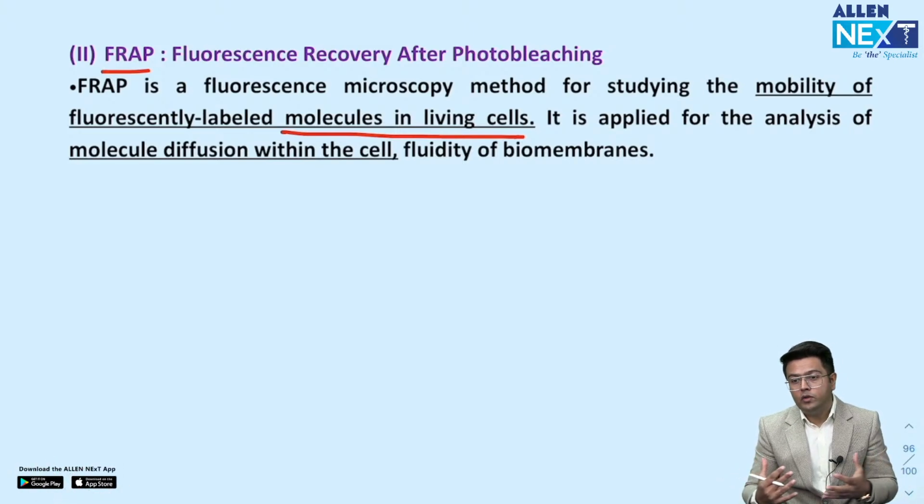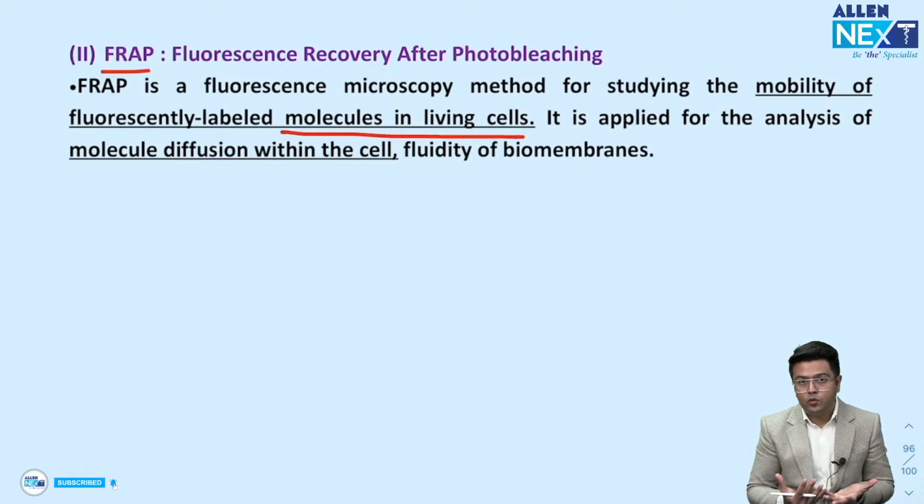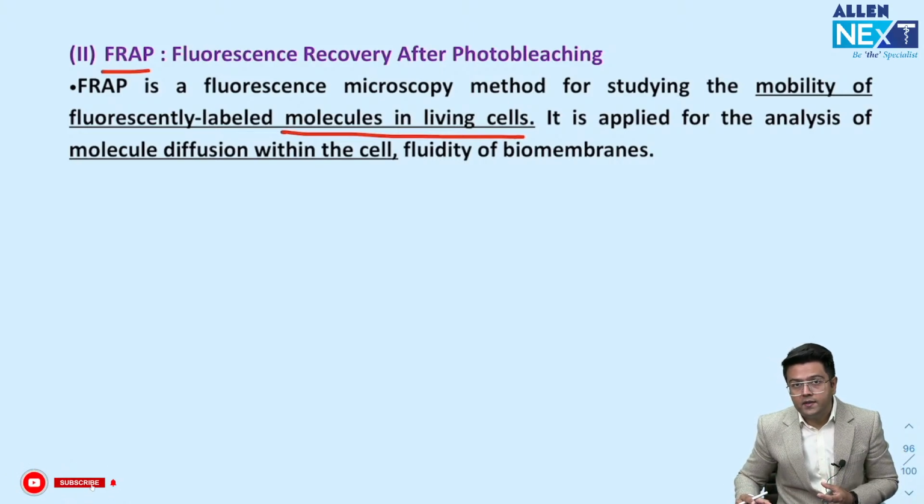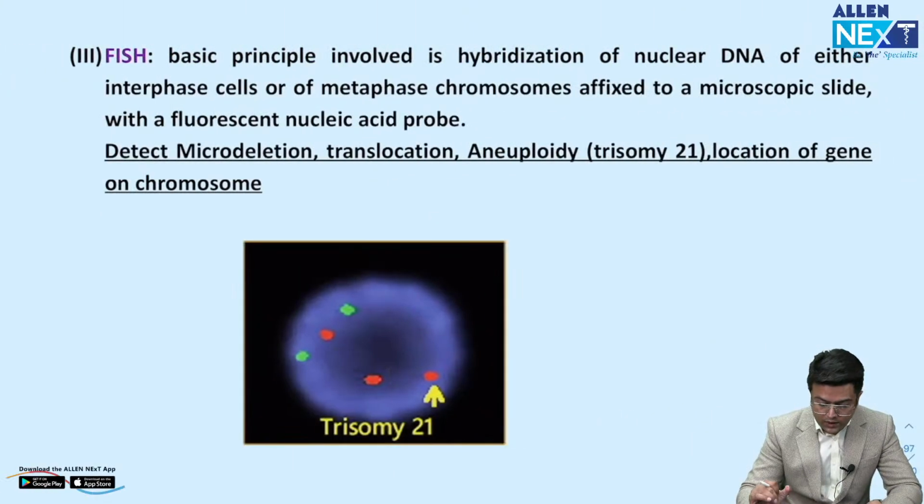That's how we came to know how a particular molecule like pyruvate, suppose, moves to the mitochondria, for example. How does the citrate come out from mitochondria to the cytoplasm for fatty acid synthesis, let's say. That is using FRAP, fluorescence recovery after photobleaching.